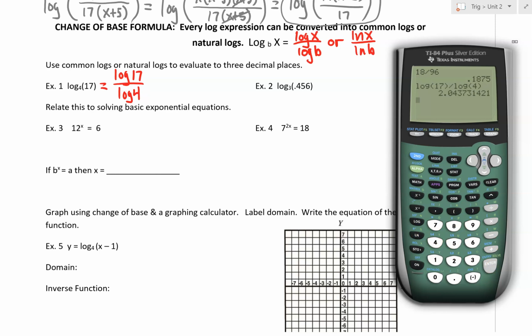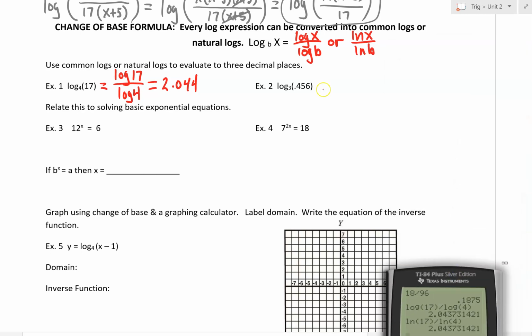I get an answer of 2.044. And if I did the natural log of 17, make sure you close your parentheses, divided by the natural log of 4, I will get the same answer. So it doesn't matter which way you do this.